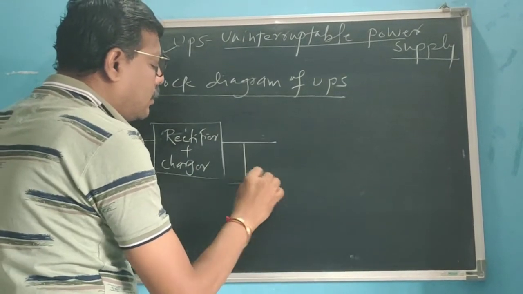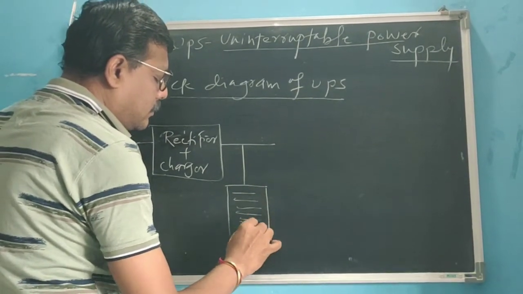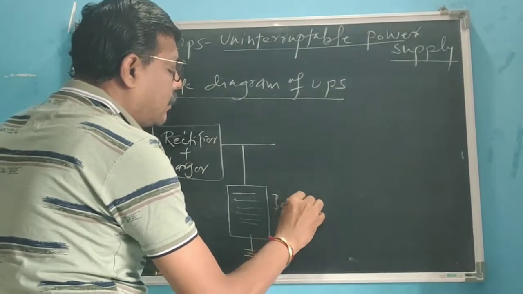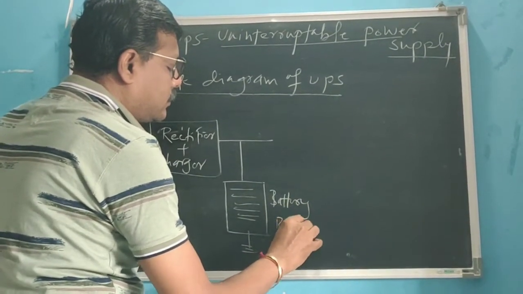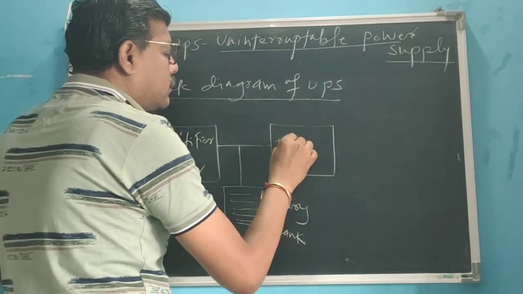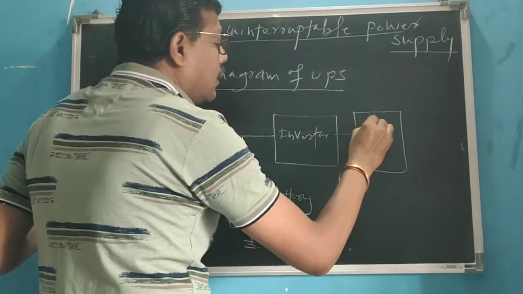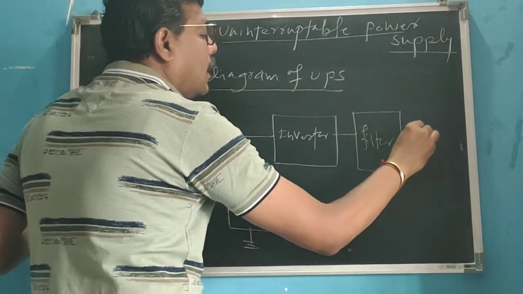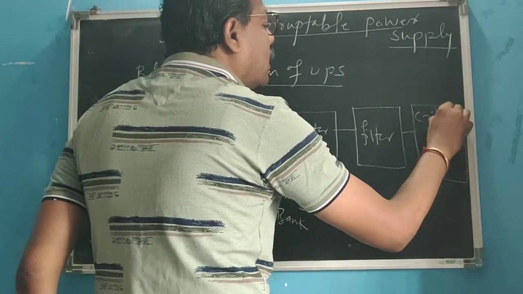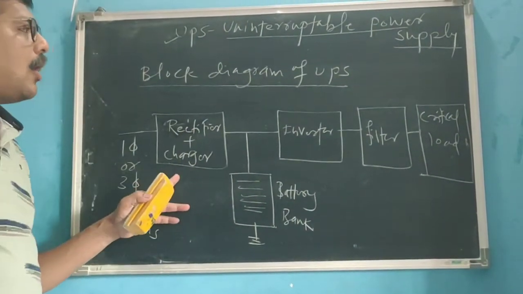Then this is the battery bank. Then the inverter, filter, and last it is given to the load. The load is a critical load. So this is the block diagram of UPS.